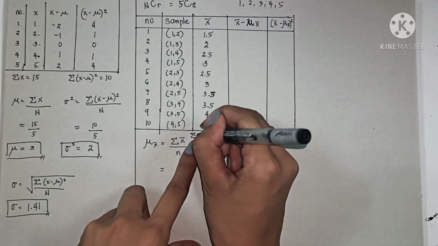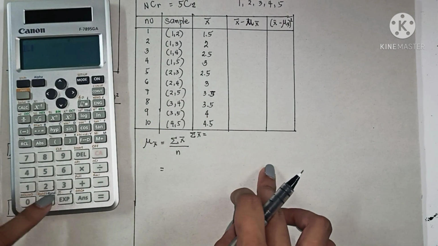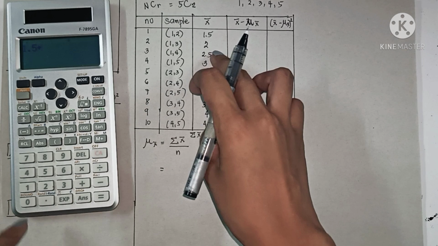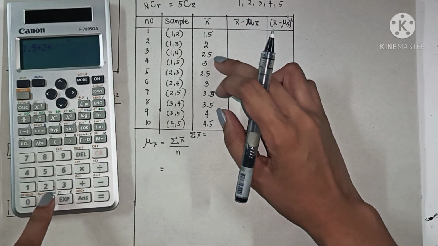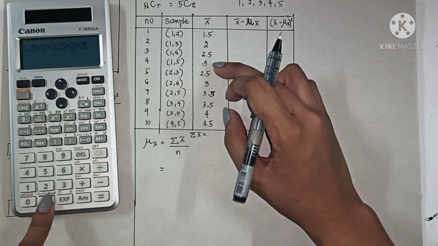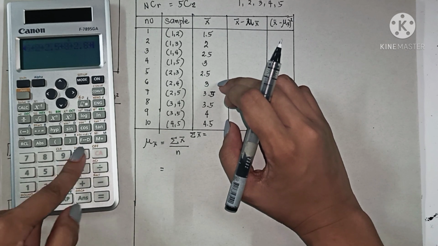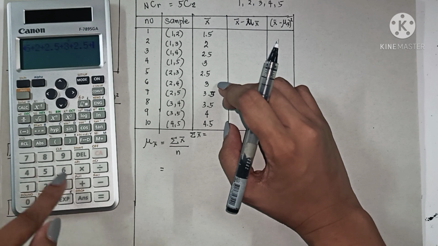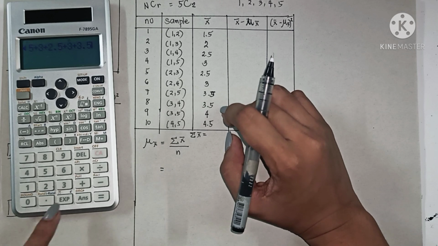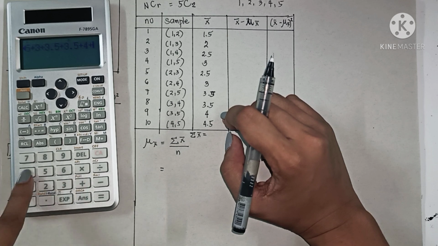So add lang po, summation of x bar is equal to 1.5 plus 2 plus 2.5 plus 3 plus 2.5 plus 3, 2.5 plus 3, okay, plus 3.5 plus 3.5 plus 4, then plus 4.5.